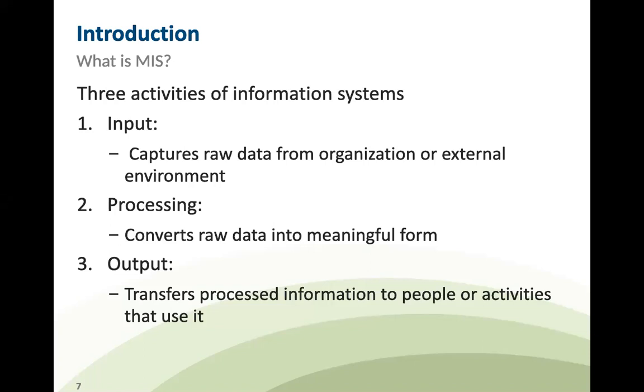Then this input data is converted into a meaningful format. That is known as processing. Processing means converting raw data into meaningful form. And then output: the processed data, simply termed information, is transferred to people or activities that use it.